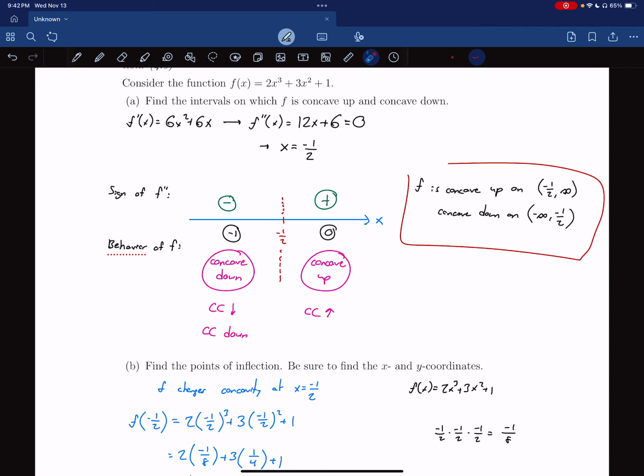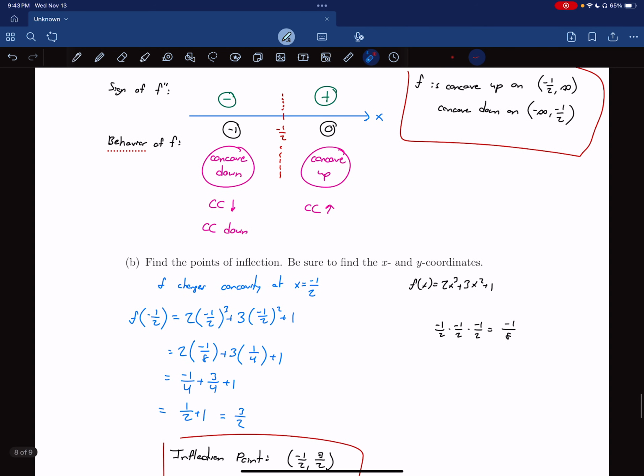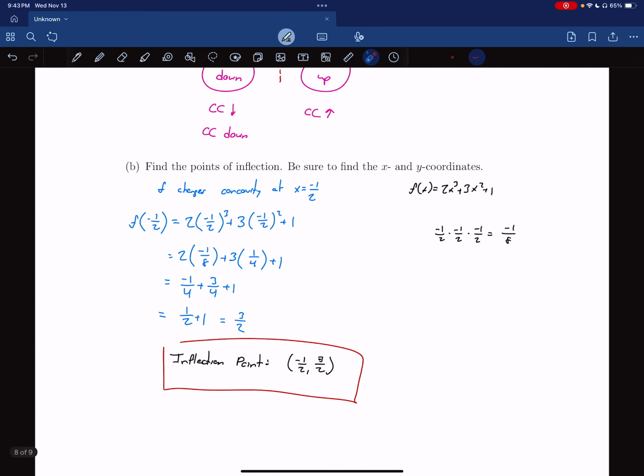We make sure we write it out in good solid English, describing when it's concave up and concave down, using parentheses, because it's not going to include those zeros. Then to find the points of inflection, we take our points where the concavity changed, determined in the step before, and then we just plug that into our function. After doing a bit of math, we get our y value, and then we need to write out the actual inflection point, at negative 1/2, 3/2.